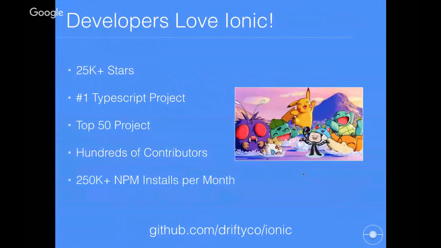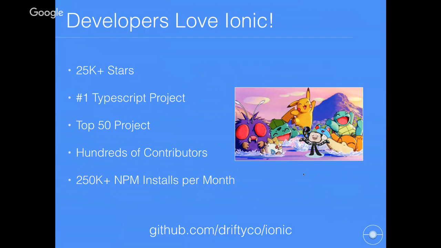But what really makes Ionic awesome is still, and has always been, the awesome developer community around it, and we owe so much of that to really great meetup groups like the one that all of you are a member of. Right now, it's over 26,000 stars on GitHub. It's the number one TypeScript project, more popular than Visual Studio Code, the official IDE of TypeScript.